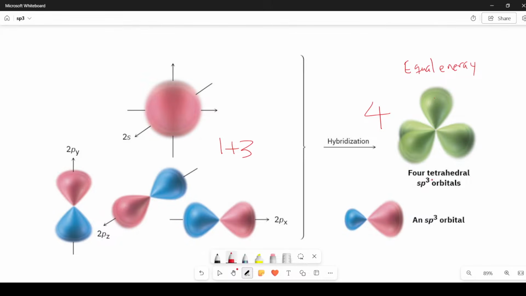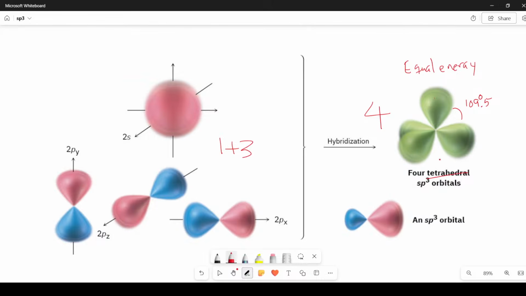For tetrahedral geometry, the angle, for example in a carbon atom, is 109.5 degrees. That is very convenient for a tetrahedral geometry.